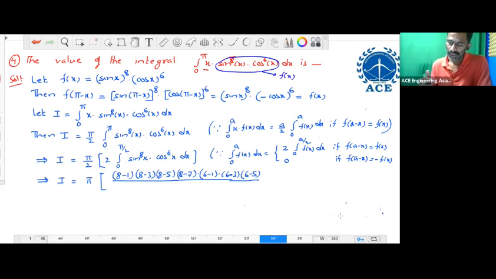In the denominator, we write the sum of the powers minus 1, minus 0. 8 plus 6, 14 minus 0, and decrease by 2: 14 minus 2 into 14 minus 4 into 14 minus 6 into 14 minus 8 into 14 minus 10 into 14 minus 12.